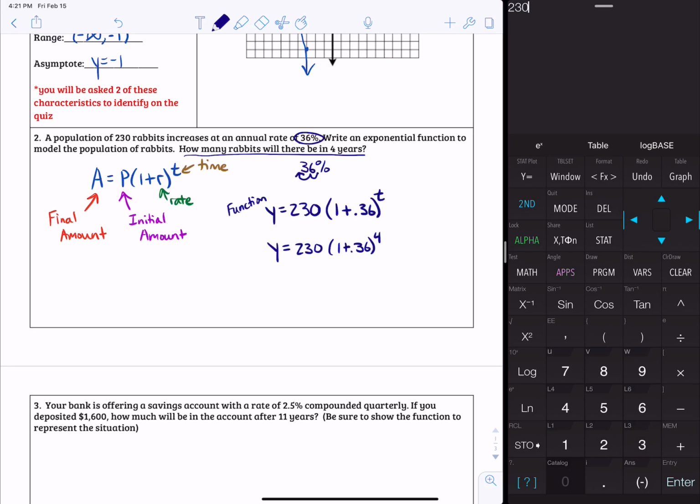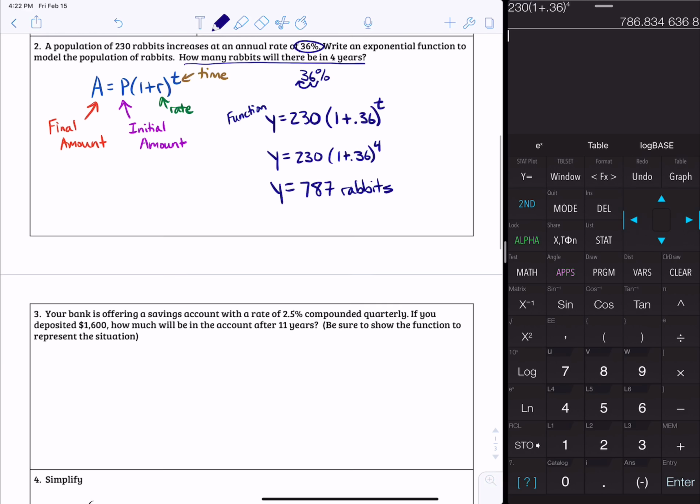So 230, 1 plus 0.36, and then to the 4th power gives me 786.8. It's rabbits, so let's round up to 787 rabbits. Okay, so that's it for number 2.